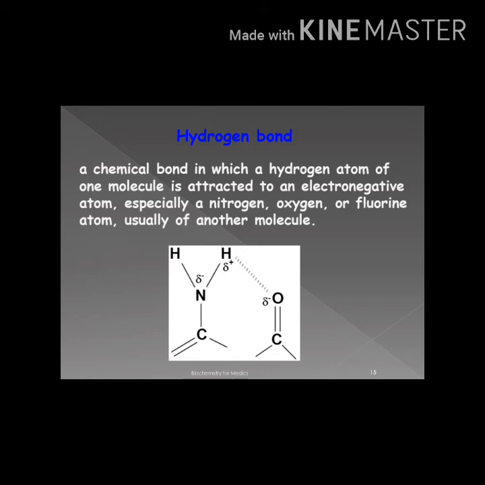So in this given structure, the delta positive hydrogen is attracting a delta negative oxygen of another molecule. So it is a weak bond, but it is formed between electropositive and electronegative atoms. So this is the basis of the hydrogen bond, which is very important in forming complementarity in the DNA structure.